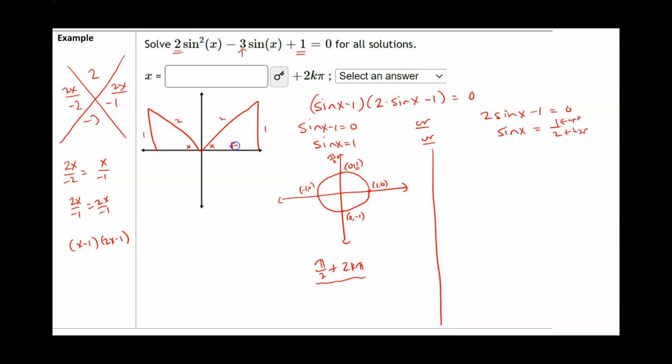The missing side is going to be radical 3, because you can use the Pythagorean theorem if you wanted to, but 1, radical 3, and 2, that's one of our special right triangles. Now our job is to figure out what the reference angle x is. Opposite of 1 in a 1, radical 3, 2 triangle is 30 degrees. So our reference angle x is going to be 30 degrees.